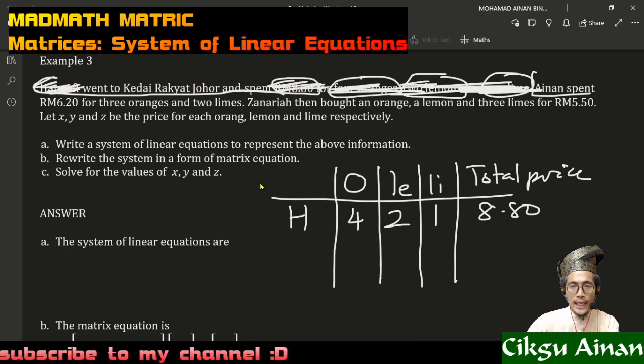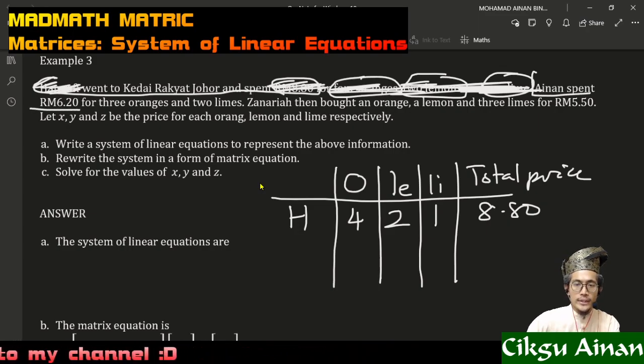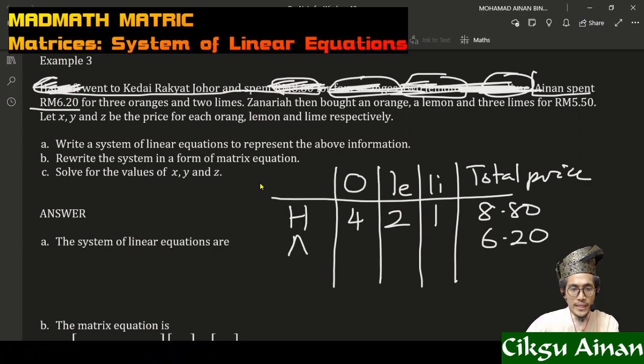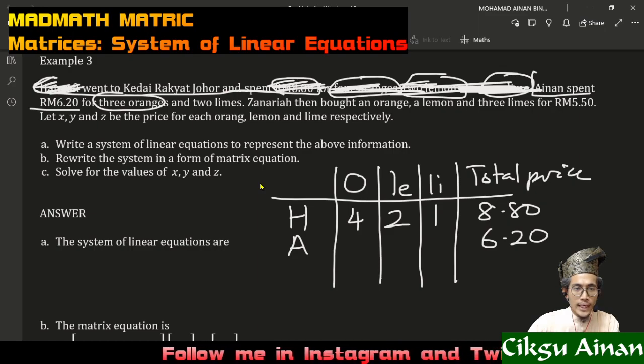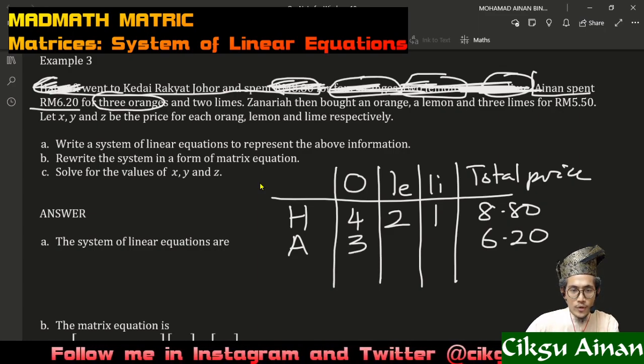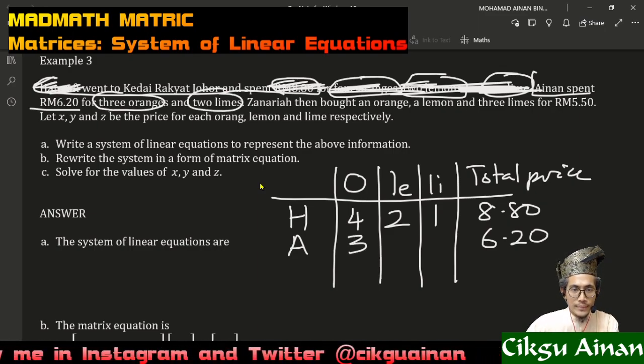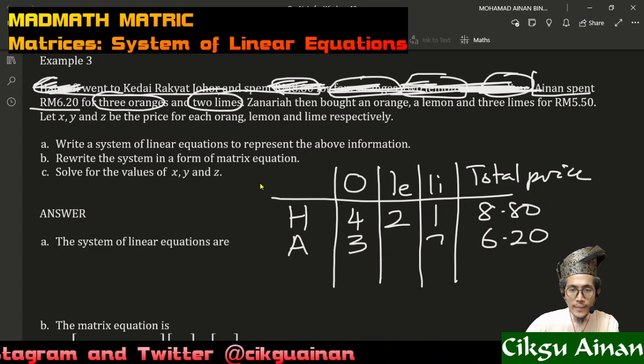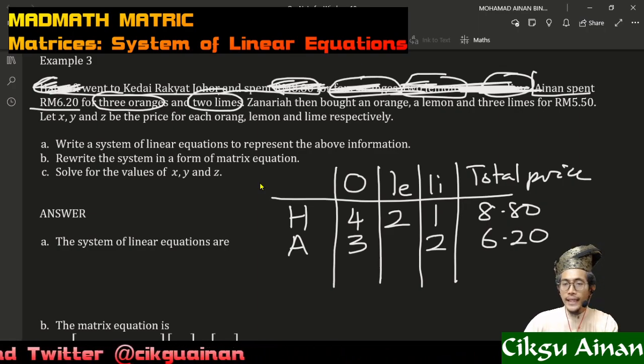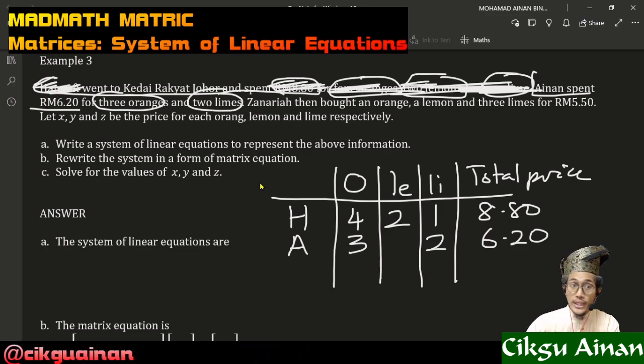Ainan, the second person. Ainan spent RM6.20. What did he buy with RM6.20? 3 oranges, 2 limes. Where to put 2 limes? Over here. So Ainan didn't buy any lemon. That's fine.